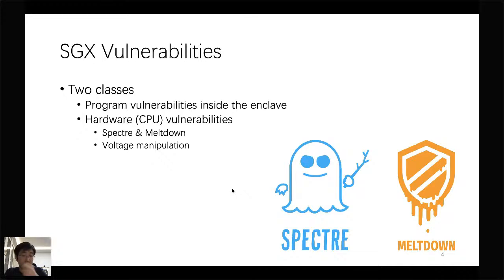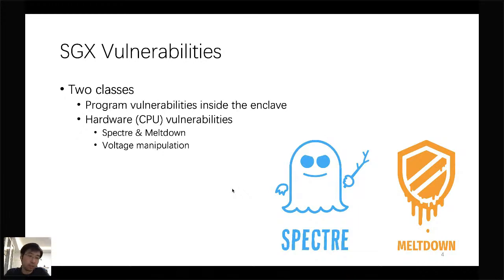And the second class of vulnerabilities is the hardware vulnerabilities. In the SGX case, it especially refers to CPU-based vulnerabilities, because all your state is encrypted outside the CPU, and only the CPU is able to see the plain text.